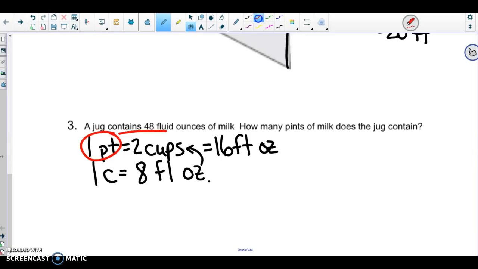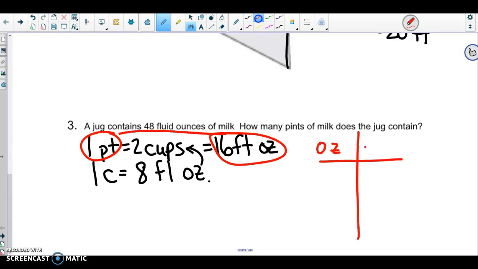So I can use this and this. That's going to be the same thing. So maybe I set up a chart because I know I've got ounces and pints. And we now know that 16 fluid ounces is 1 pint.